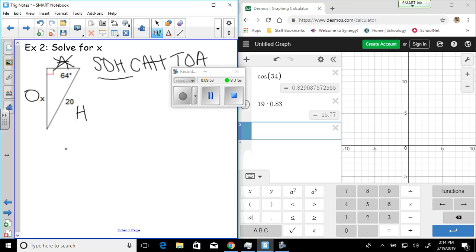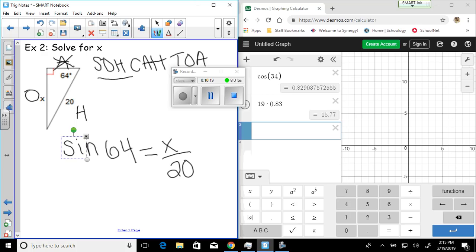So let's go ahead and set our ratio up. So we have the sine of 64 degrees is equal to the opposite, which on the opposite side is x, over the hypotenuse, which is 20. And so now we just need to figure out what the sine of 64 is. And remember, sine of 64 is just a number.